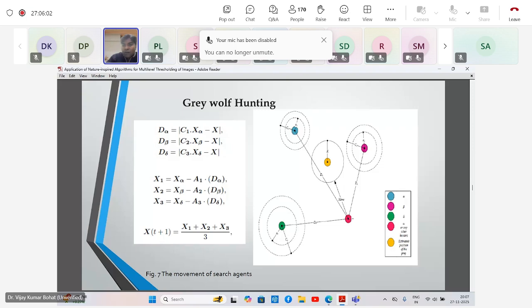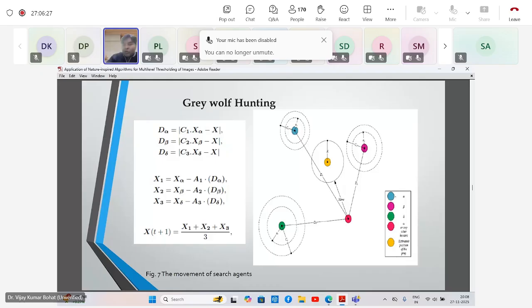Mathematically, in this diagram, it has been shown that the solution of the wolf is presented through the pink circle. Alpha, beta, delta are given through blue, yellow, and violet. Through the averaging, we have determined one particular value. The estimated position of the prey is determined, shown in yellow, by taking the average of X1, X2, X3.